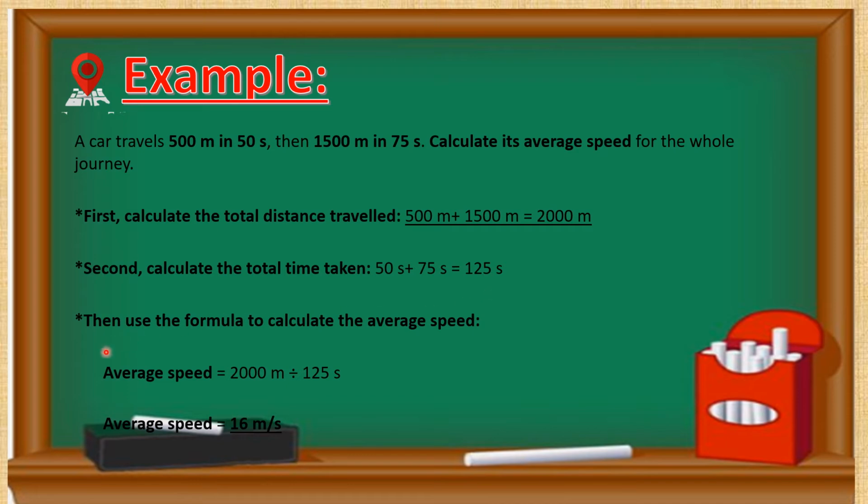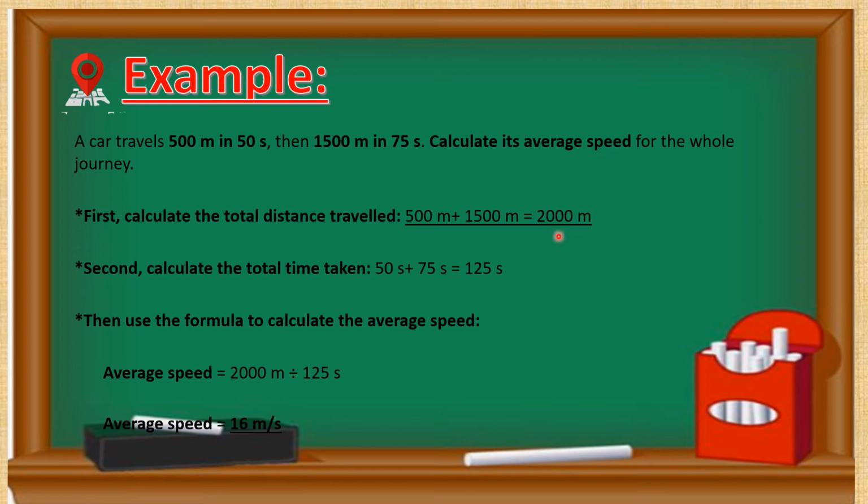So then we have to use the formula to calculate the average speed. What is the formula? Total distance traveled divided by total time taken. What is the total distance again?